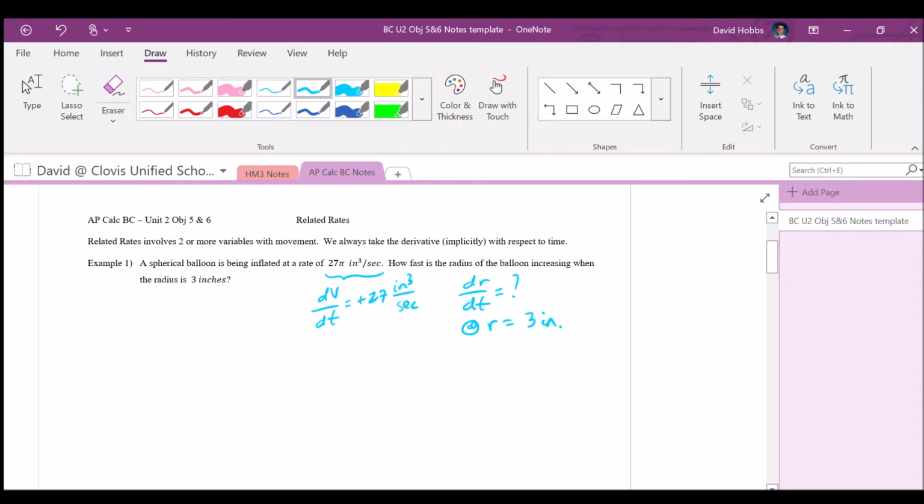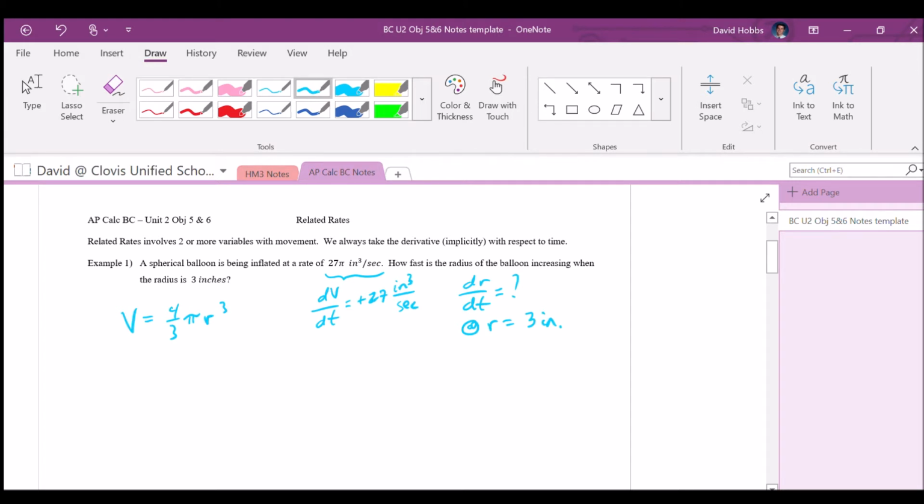Okay. So do we have a formula that involves volume and radius and the fact that it's a sphere? Well, yes, of course we do. V is 4/3 pi r cubed.